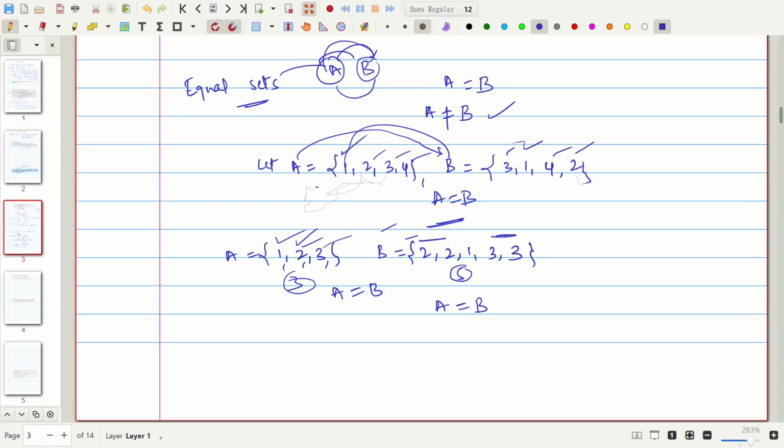But usually when we represent a set, we do not write repeated elements. In your example it may be given to confuse you, but mathematically we cannot represent repeated elements.